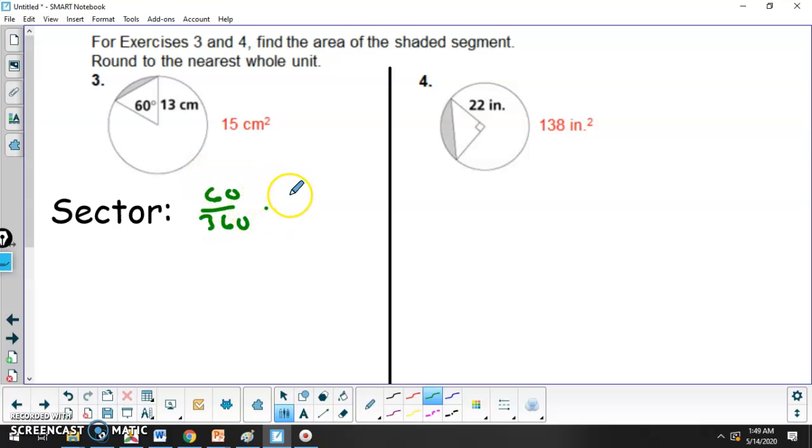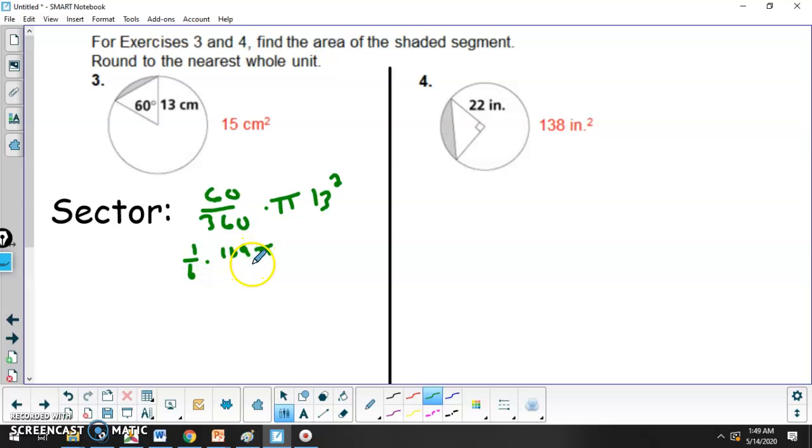Divide 60 by 360, 60 into 360 is 6. Times pi times the radius squared. 13 squared is 169. So we have 169 pi, and we're multiplying that by 1/6.